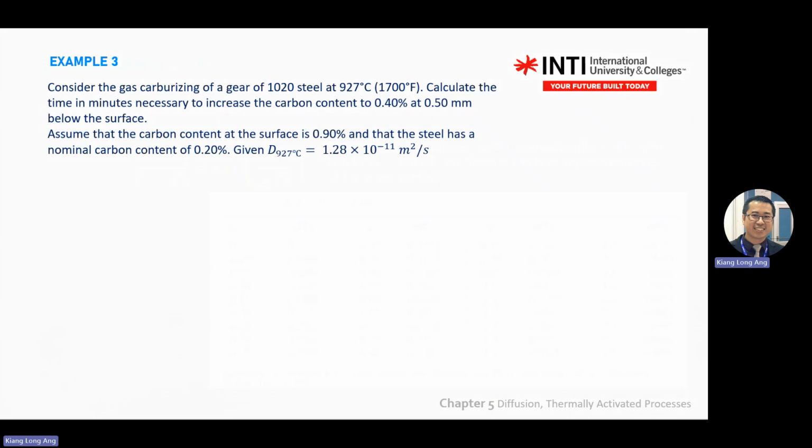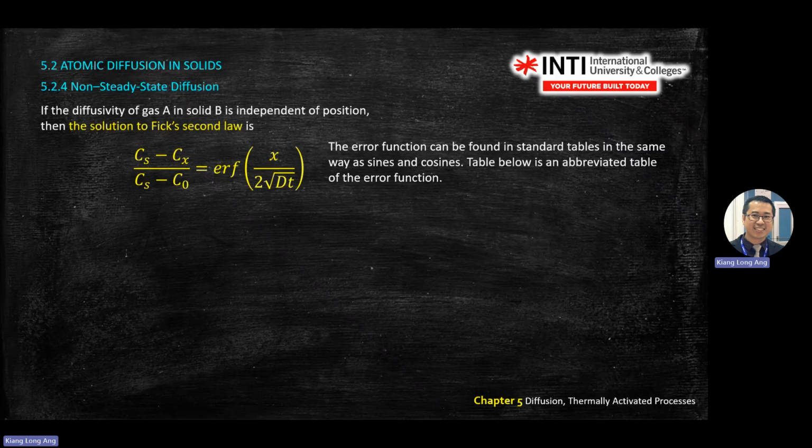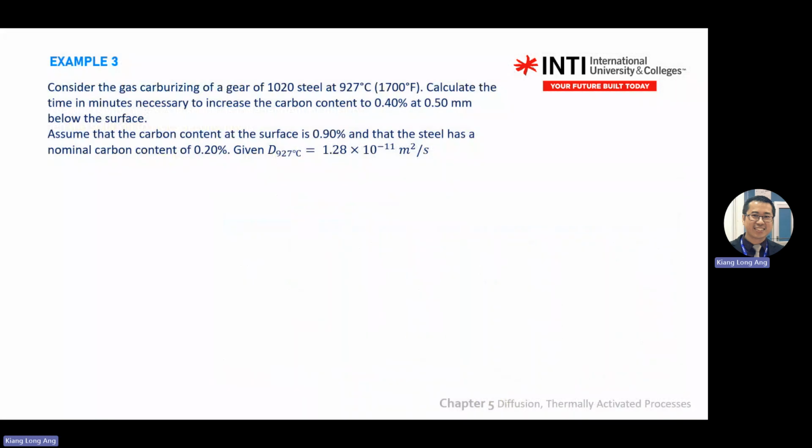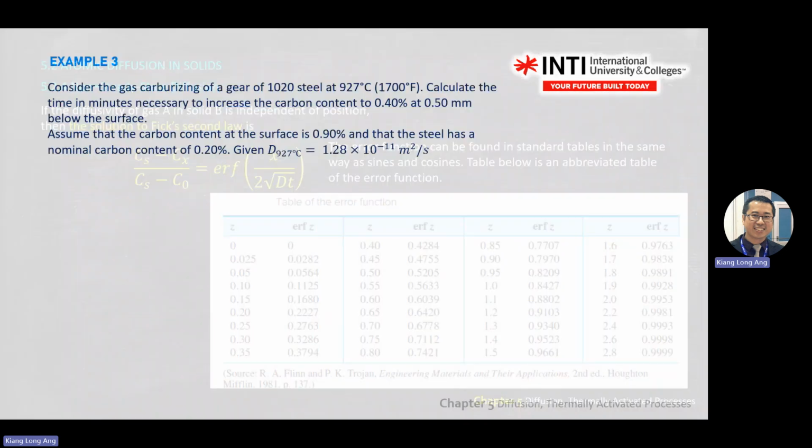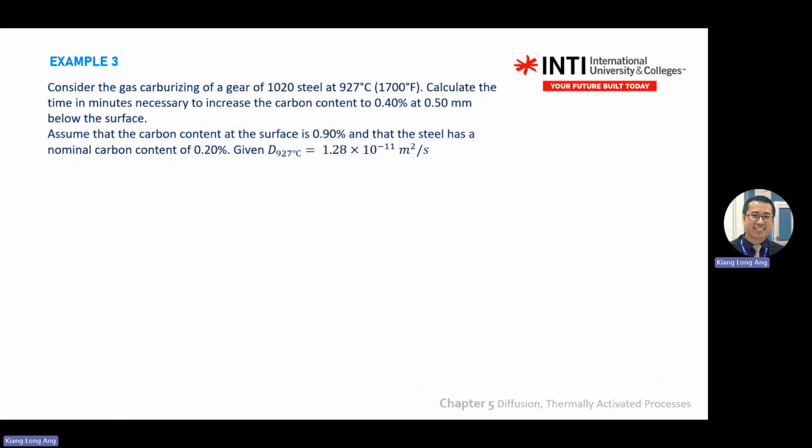Now, how do you know that you need to apply this one? It will tell you the concentration at the surface. It will say, assume the carbon content, or a certain element's content, at the surface is so much. Then you know that you need to apply this. You didn't see it in the first law.